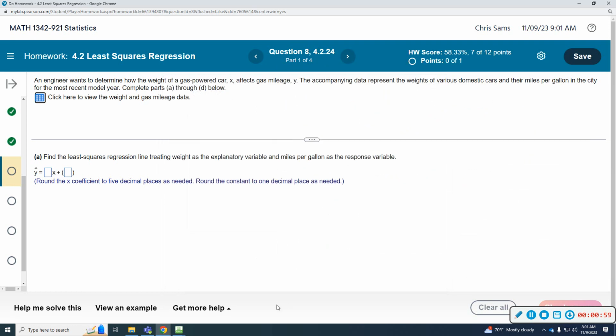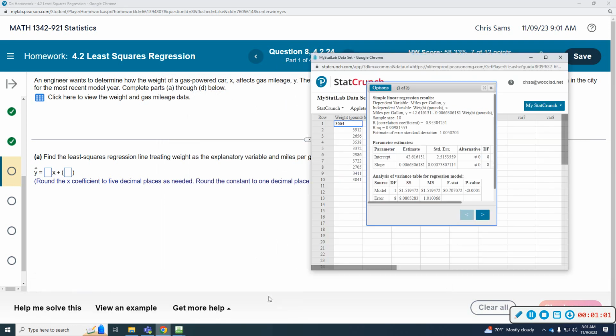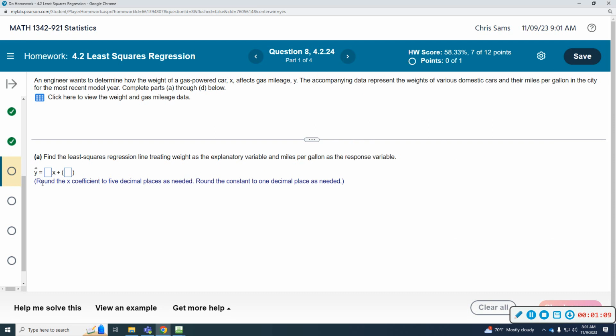So from our output, we can see that the intercept is given and the slope is given. As far as the directions, it says round the coefficient to 5 decimal places, and then round the constant to 1 decimal place.